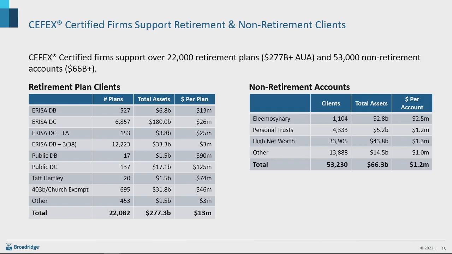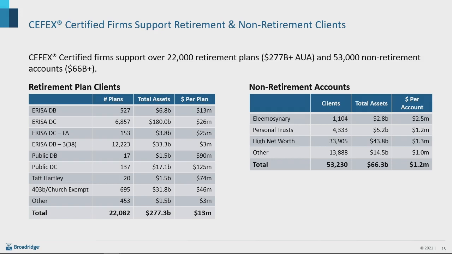Roughly 22,000 plans are covered by these advisory firms, representing 277 billion in assets under advisement, and an average client size of 13 million.